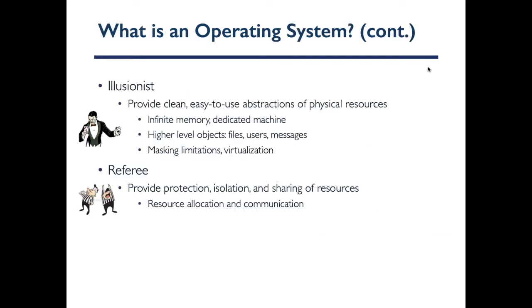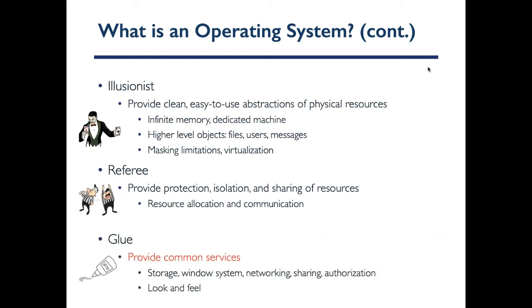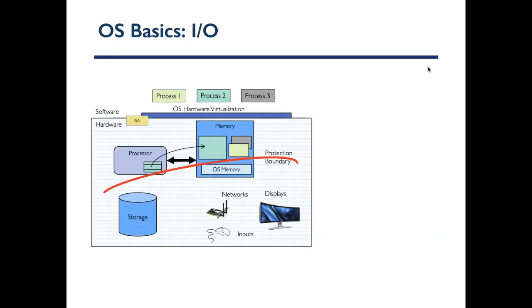The third job of an operating system is to be like a glue, provide common services to the applications. This is where things get a little bit gray in terms of what is really operating system and kernel. Well, here's where you're going to see this. So your operating system is going to provide I/O. The processes want to access the display, the network, and all of that.